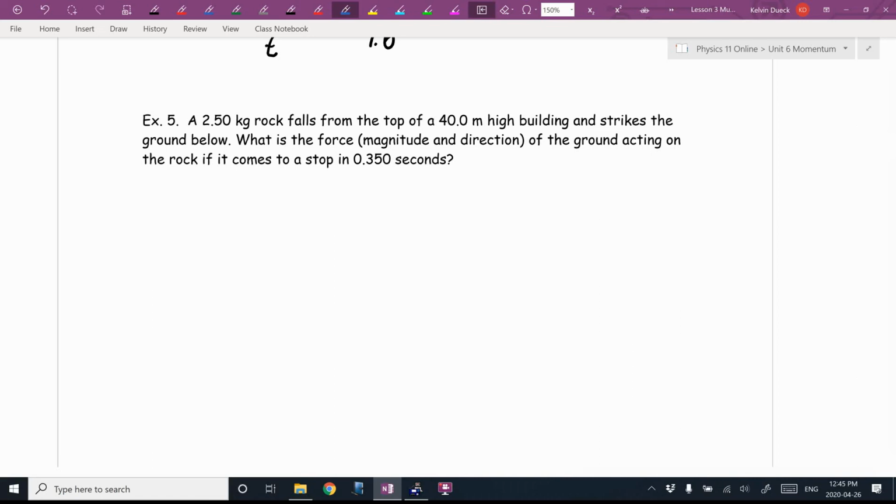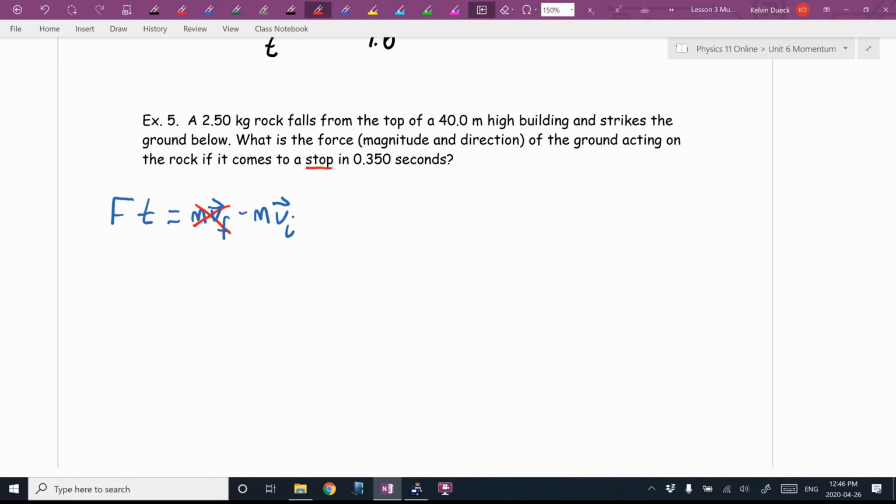So I'm going to start out by going F times time equals mv final minus mv initial. And we're coming to a stop. So v final is 0. Problem. I don't know v initial because I don't know how fast I was traveling when I hit the ground.